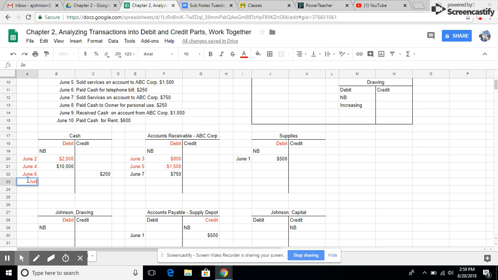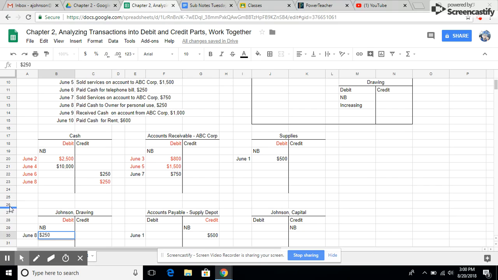So that's going to decrease our cash if we're paying cash to the owner. So June 8th, we're decreasing cash, so that goes on the credit side for cash. So we're also going to be using our Johnson drawing account. Okay, so June 8th, and the drawing account has a normal balance on the debit side. We're increasing the amount that the owner has drawn or taken out. So that's going to be a debit for Johnson drawing.